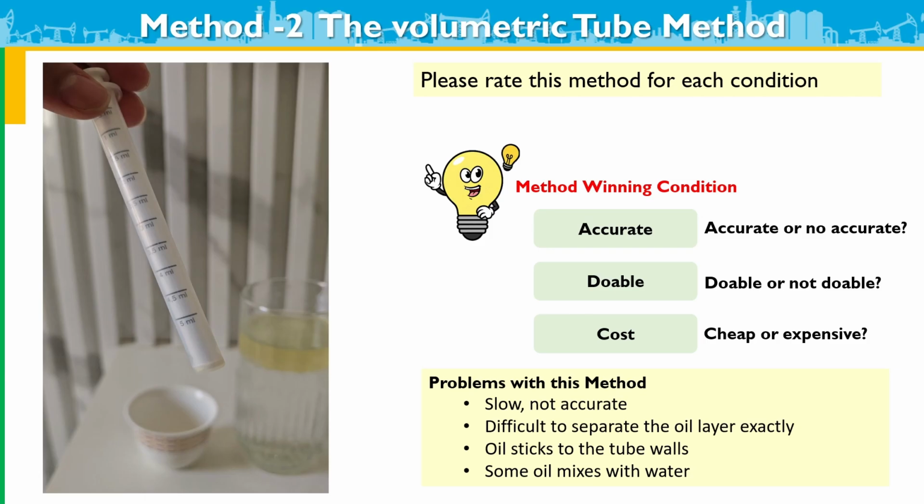You see some oil was left in the glass and some oil mixes with water during the transfer. Now I will take you to the last method of this challenge. Before I do that, I'll show you the measured amount of oil from this method is 40. Okay. Now I will take you to the final method.